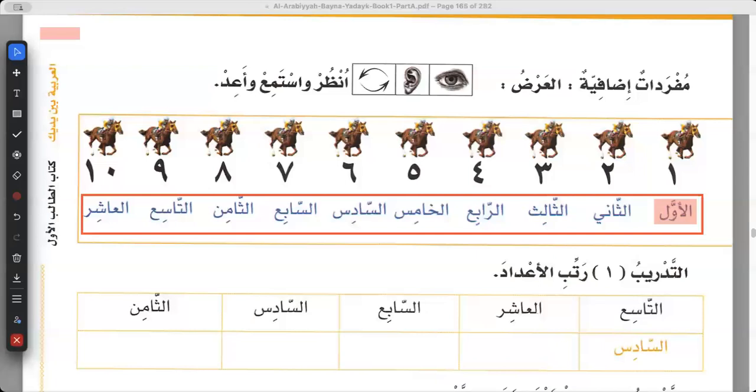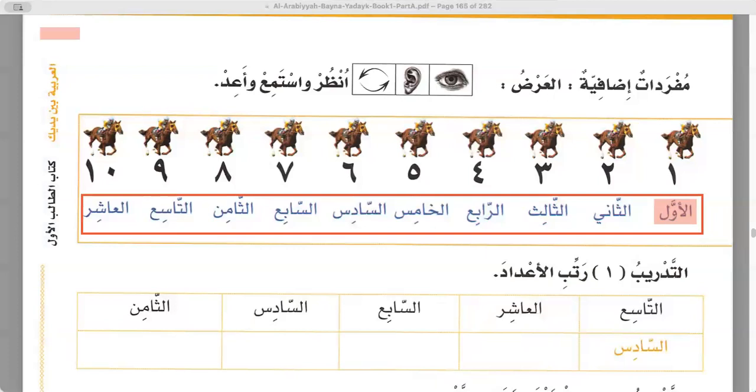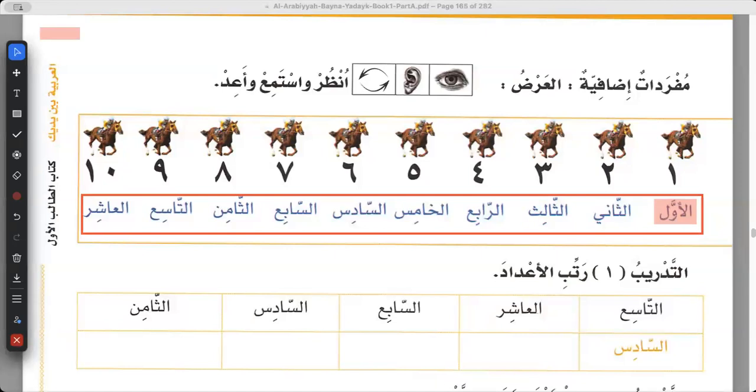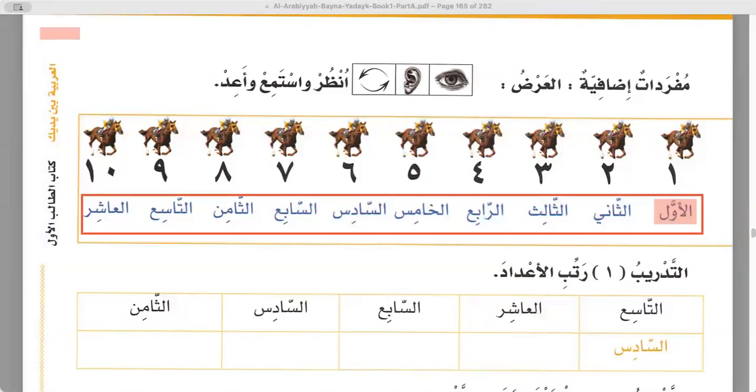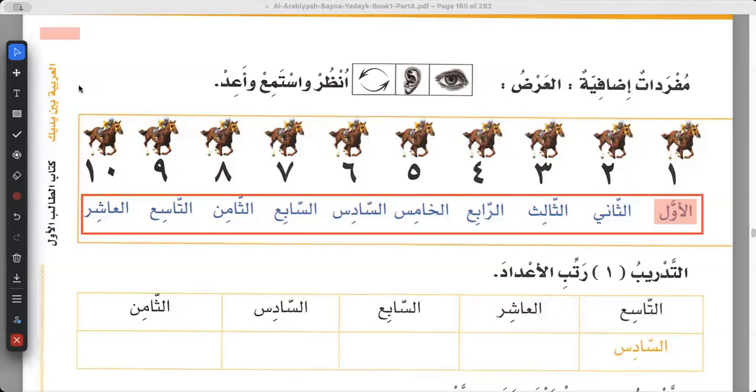And 2 is al-thani when it comes to tartibiyya, but ghayru tartibiyya is ithnan. Ithnan. I wonder if I can get anybody that will tell me the feminine from ithnan.